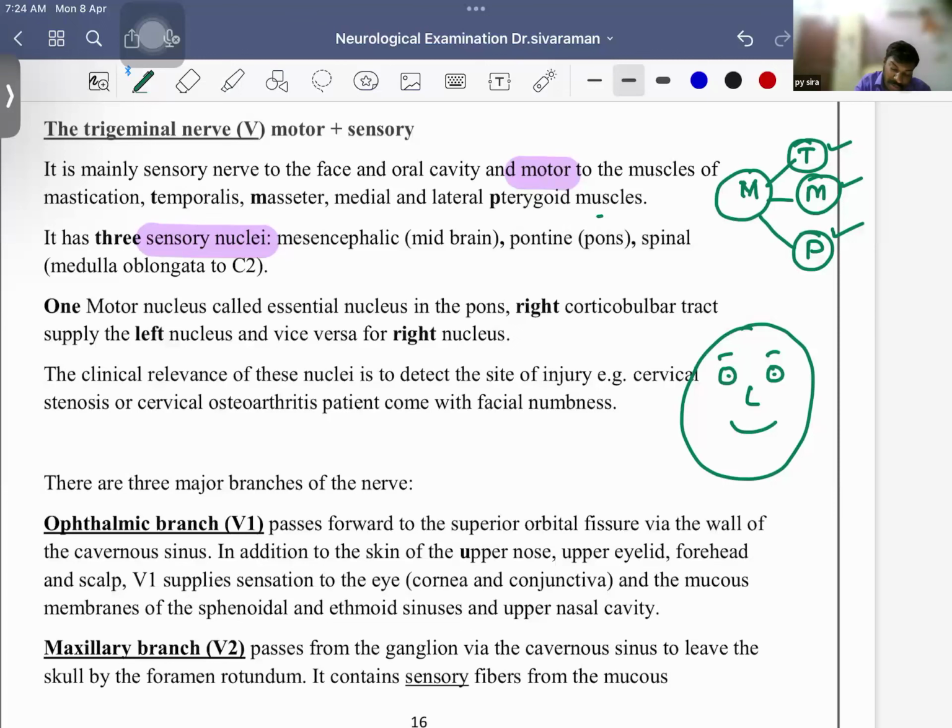It is a very large nucleus, which is there in the midbrain, pons, and also into the medulla up to the level of C2. This is very important.